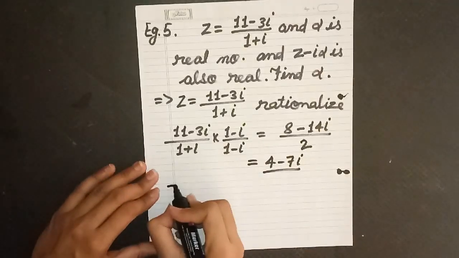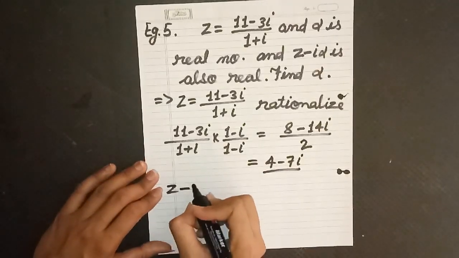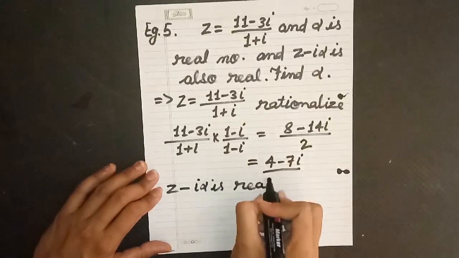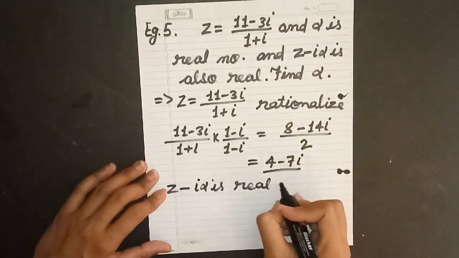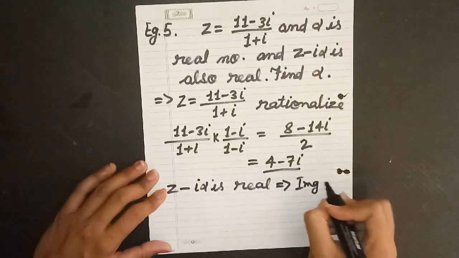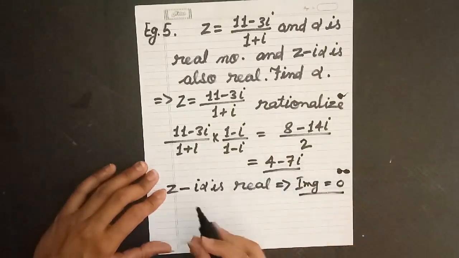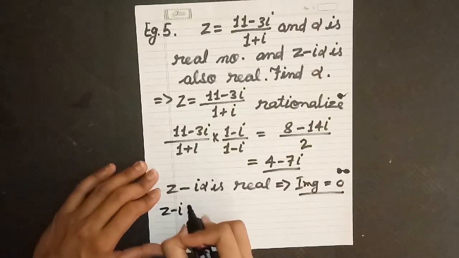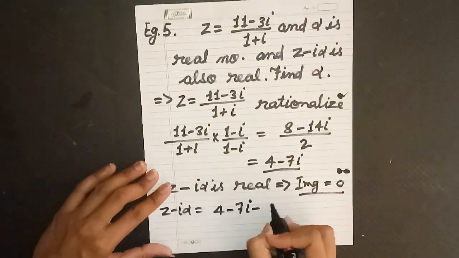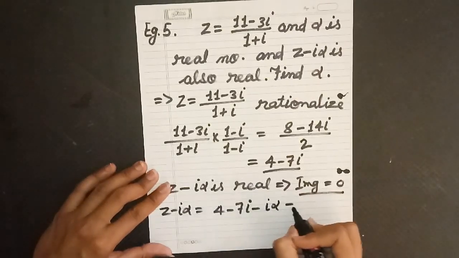But we know that alpha is a real number and Z minus iota alpha is also a real number. Got it? So this means that the imaginary part of Z minus iota alpha is 0. Now Z minus iota alpha is equal to 4 minus 7 iota minus iota alpha.